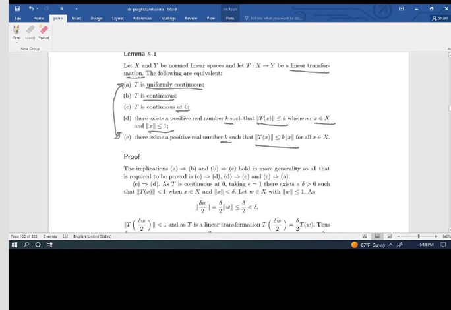T is bounded if and only if, for example, T is uniformly continuous; T is continuous if and only if T is uniformly continuous, and if and only if there exists a positive real number k such that we have this inequality.